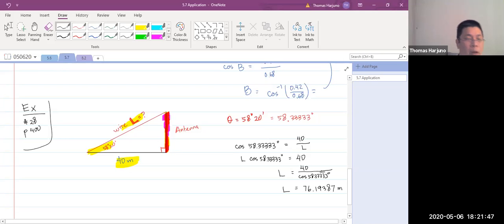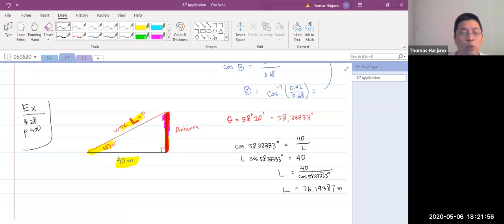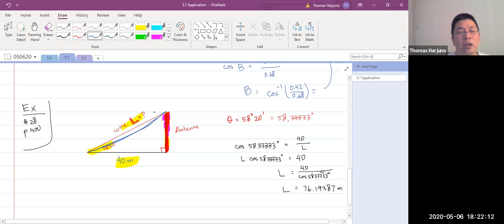By the way, I happen to pick this question because I think the idea is quite simple. But in reality, we know the wire is supposed to be longer than this. The reason is the wire must bend because of gravity, and the wire has some mass attached to it. So we know the actual length must be greater than 76.19387.